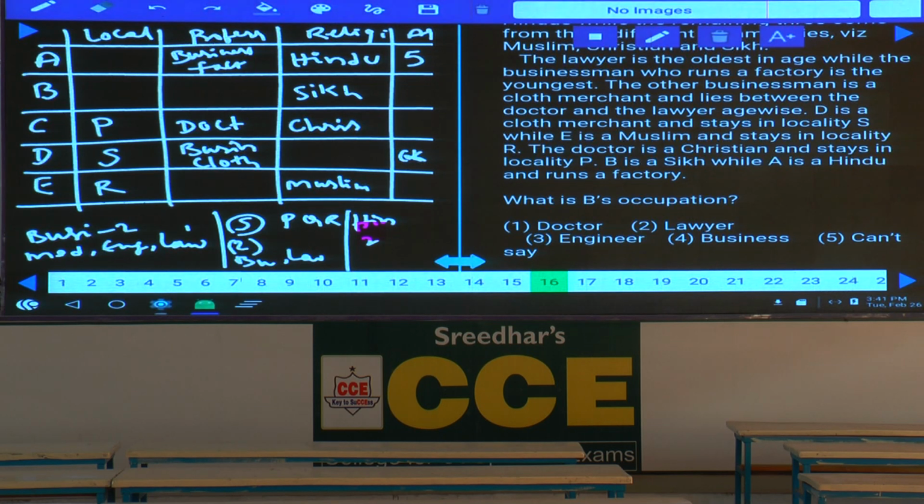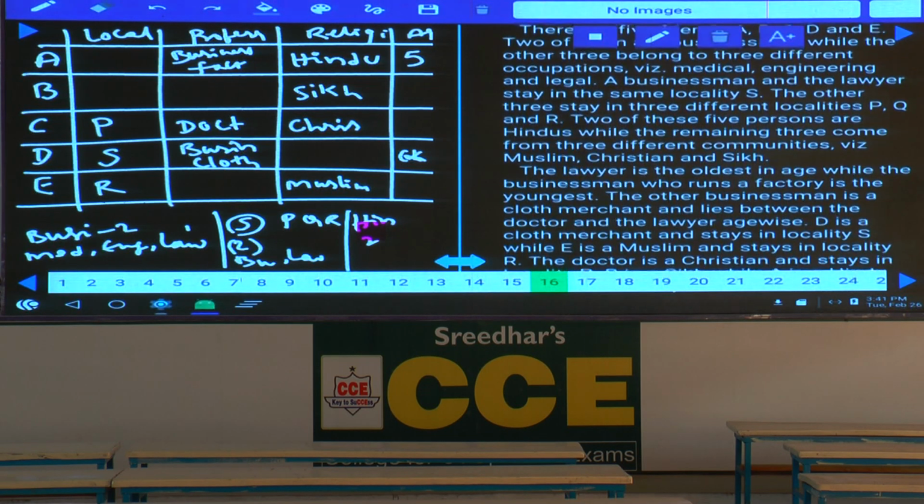The lawyer is the oldest in age, while the businessman is the youngest. The other businessman, cloth merchant, lies between doctor and lawyer age-wise. D is a cloth merchant and stays in locality S.